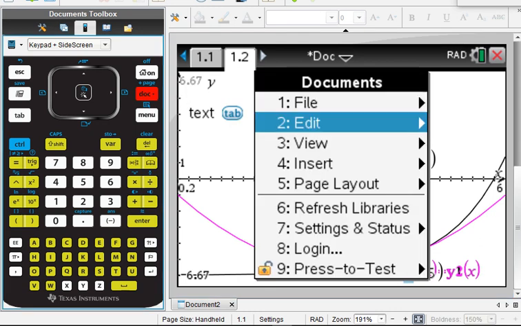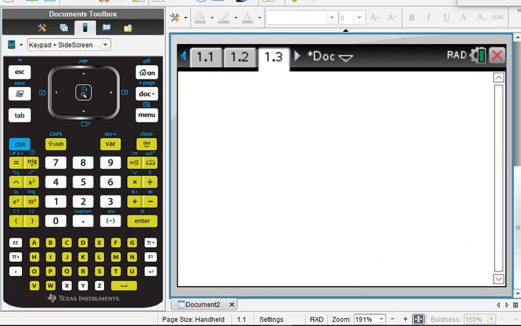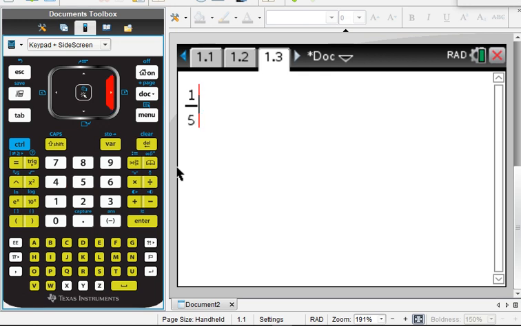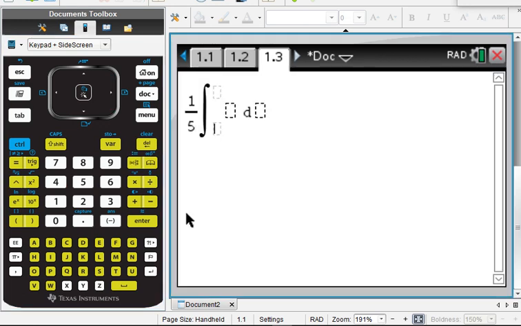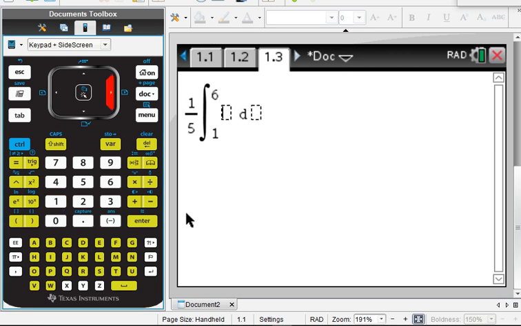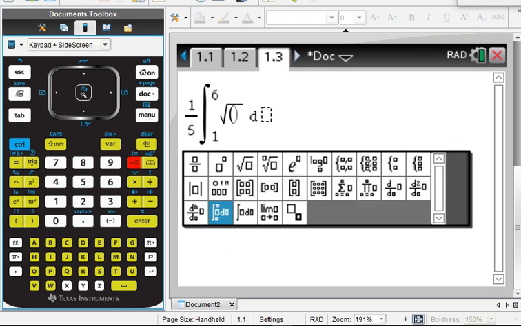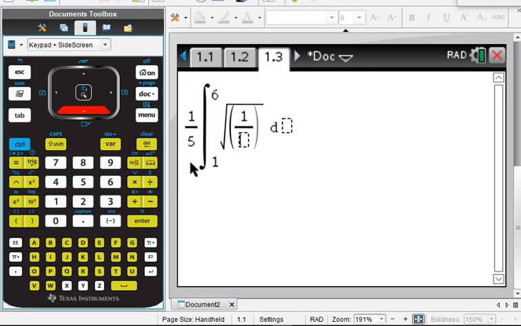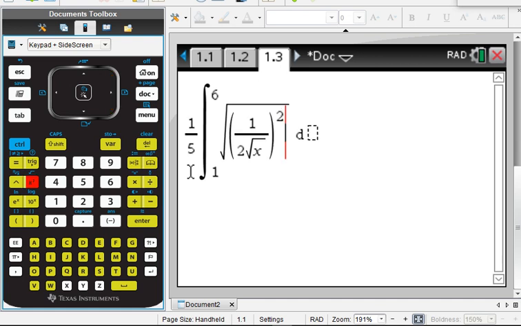Just go dock, insert calculator, and then we put the fraction out front, 1/5, and then the integral from 1 to 6, and then we've got the square root, and then parentheses, 1/2 square root of x, and then that gets squared, plus, open parentheses, well, I guess if I want to be consistent, you can use x or t, it'll give you the same answer either way here, but just to be consistent, I will use t here.